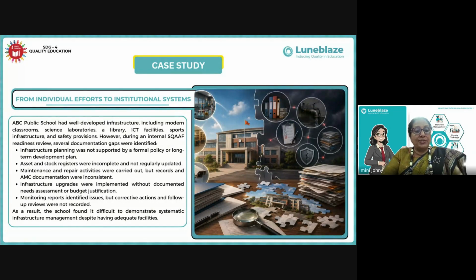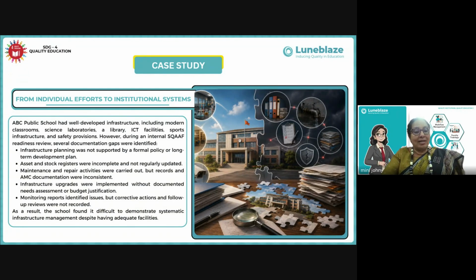Asset and stock registers were incomplete and not regularly updated. Maintenance and repair activities were carried out, but records and IMC documentation were inconsistent. Infrastructure upgrades were implemented without documented needs assessment or budget justification. Monitoring reports identified issues, but corrective actions and follow-up reviews were not recorded.